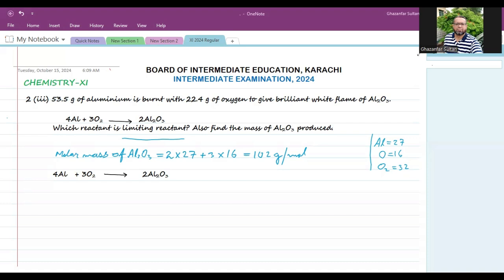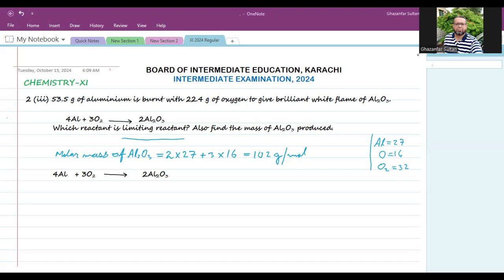See what is given here: 54 grams of aluminum and 3 moles of oxygen from the balanced chemical equation. 4 moles of aluminum combine with 3 moles of oxygen to produce 2 moles of aluminum oxide. First we will find the limiting reactant by calculating the number of moles of aluminum and oxygen. So how many moles of aluminum are there?